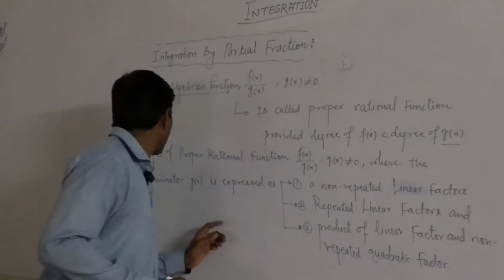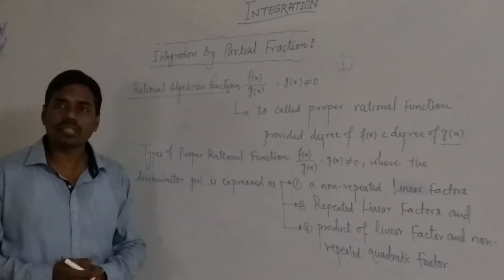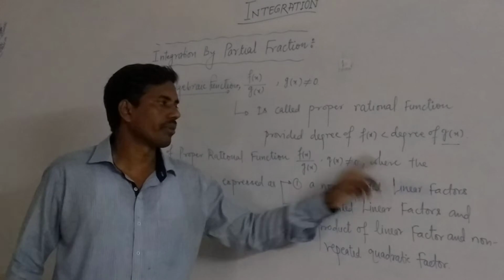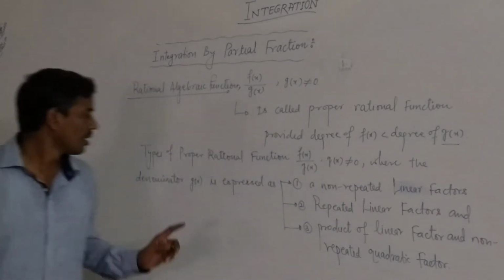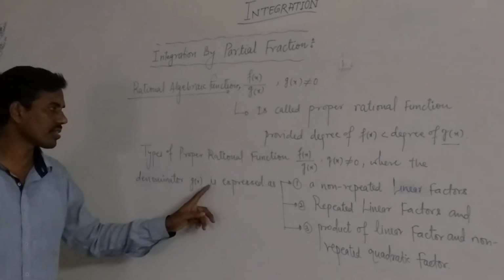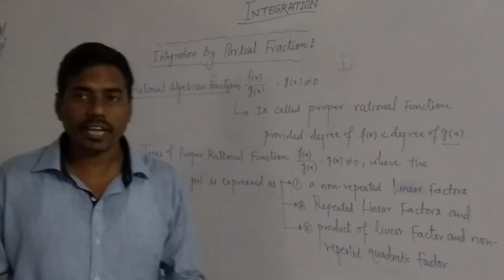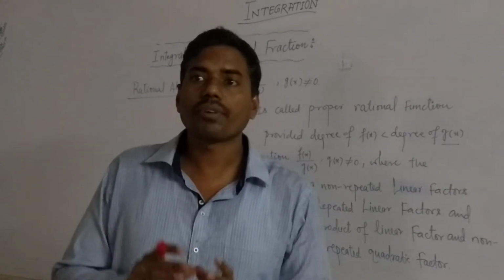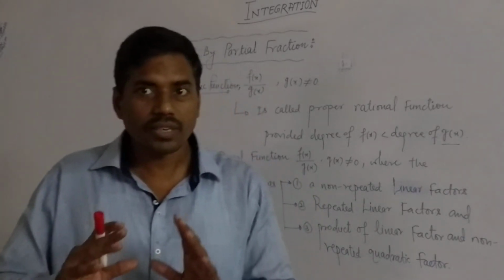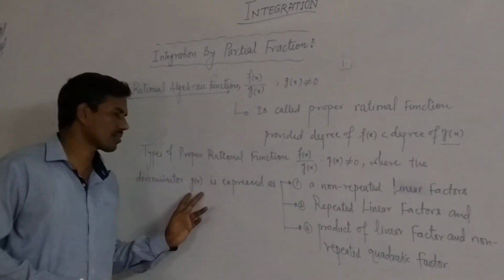Okay, there are types of proper rational function f of x upon g of x such that g of x not equal to 0, where the denominator g of x is expressed as... Okay, means the types of proper rational function depend on the characteristic of g of x.